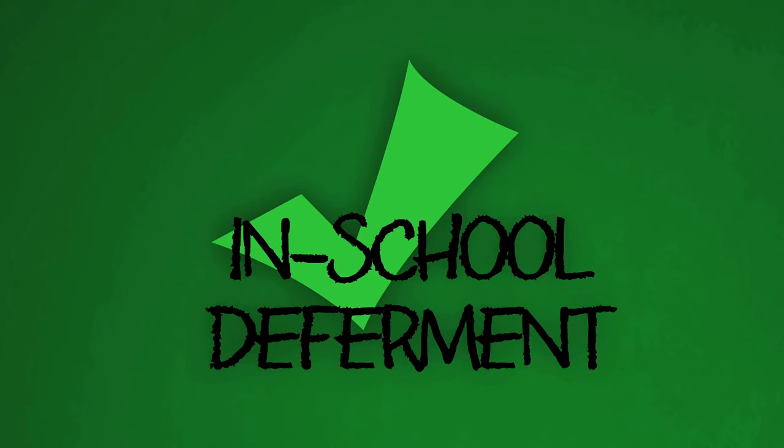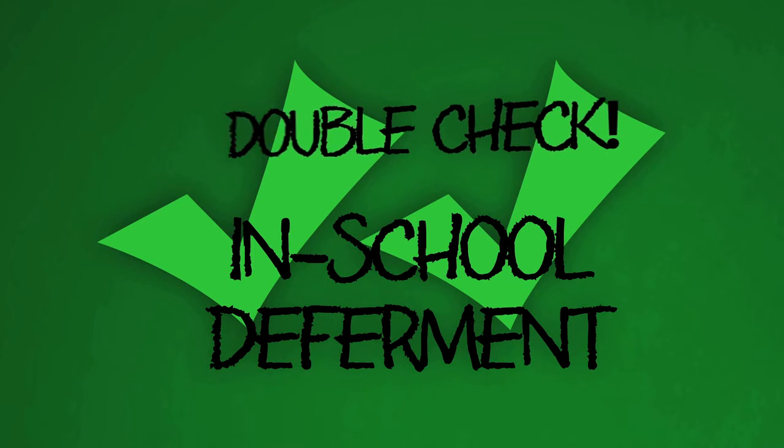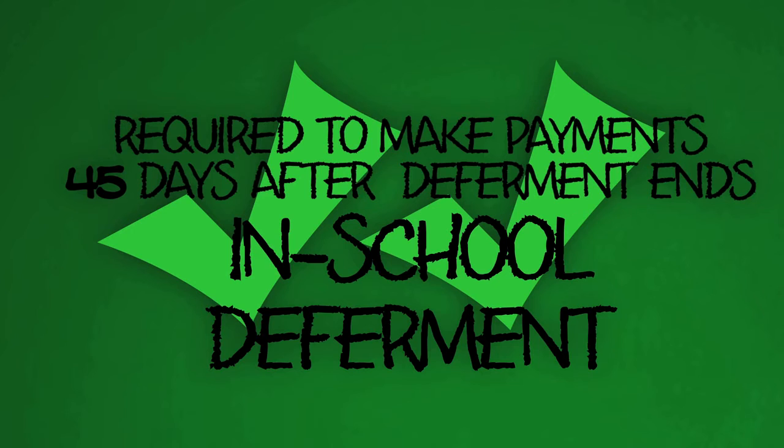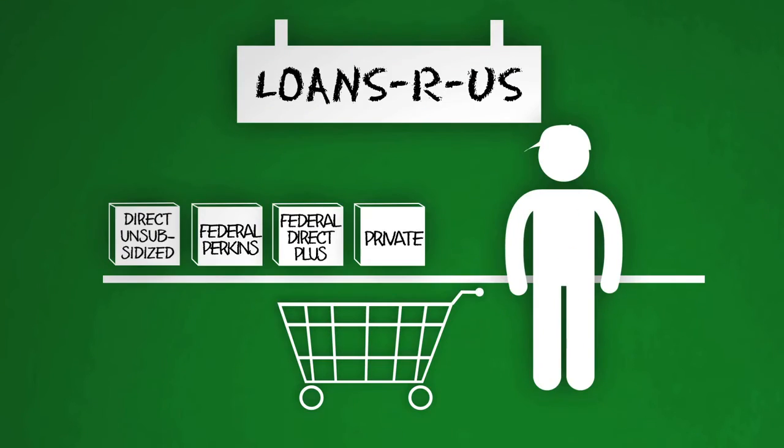Often, your school will automatically certify your enrollment status, and the lender will automatically grant an in-school deferment. It's always best to cover your bases, though, and make sure your school and the lender know of the request. Upon finishing school or falling below half-time, you are required to make payments 45 days after the deferment date starts. For more information, like interest rates or origination fees, check the resources below.